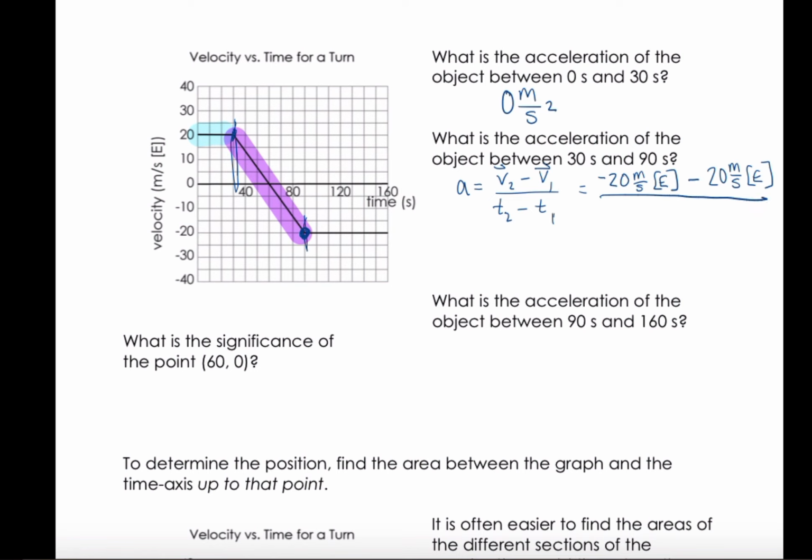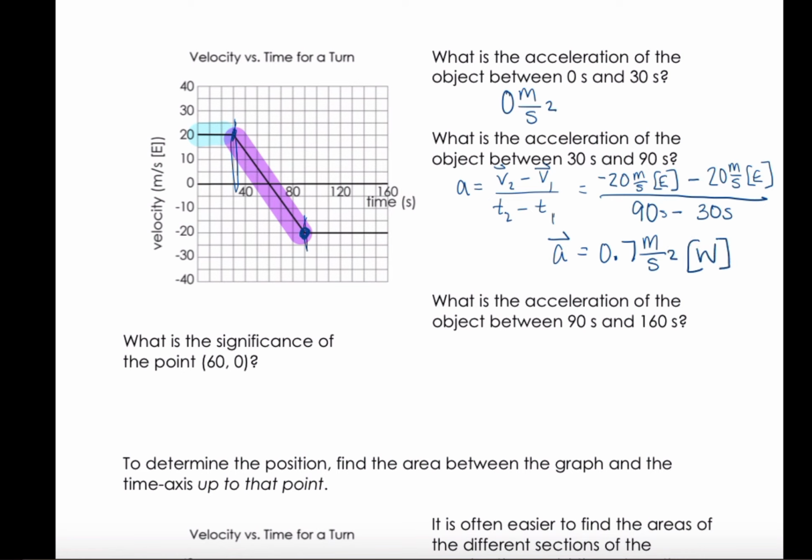And then my time is 90 minus 30, and we should get negative 0.6 or 0.7 meters per second squared east, but I'm going to change it to a positive one, so our acceleration is 0.7 meters per second squared west.